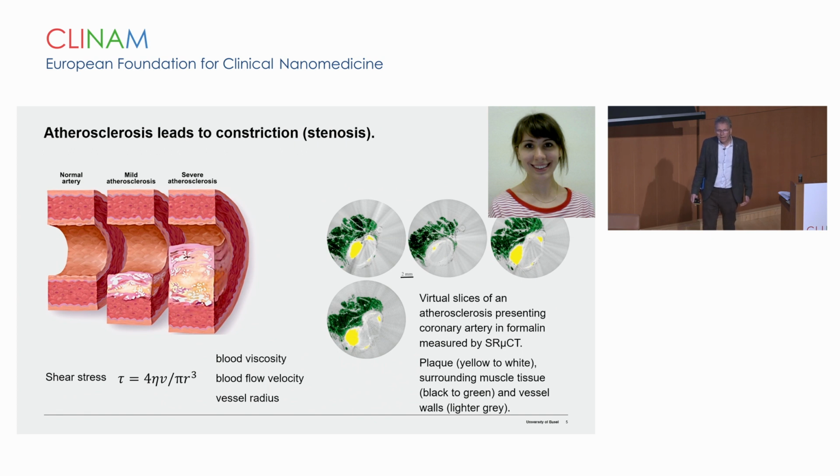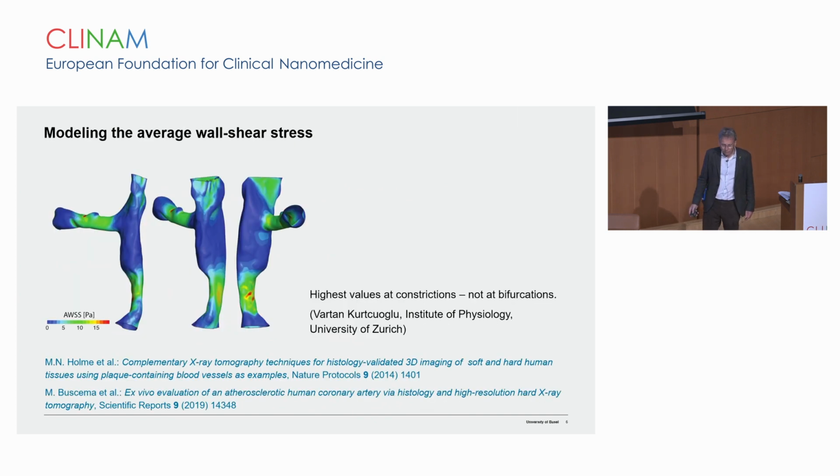For sure, we cannot rely on data in textbooks, as you see on the left, but have to know what the situation is within the body, and therefore Maggie also made atherosclerotic blood vessels visible using computed tomography with micrometer resolution. These data were also used by a colleague of mine from the Institute of Physiology at the University of Zurich.